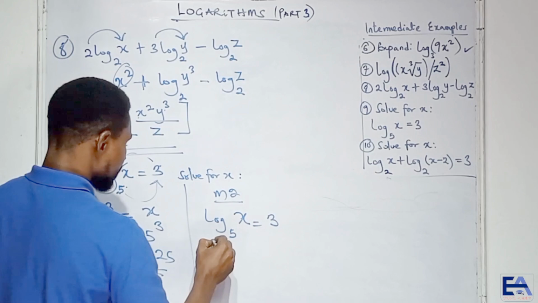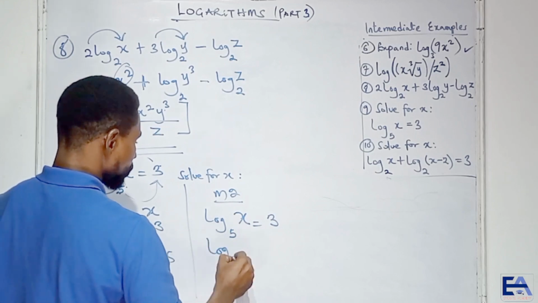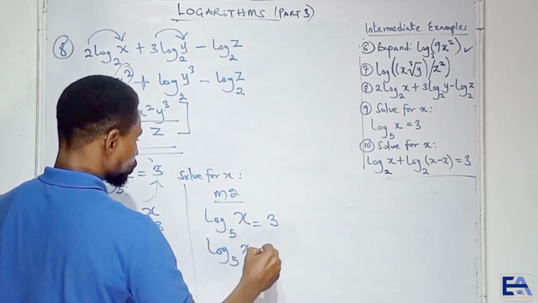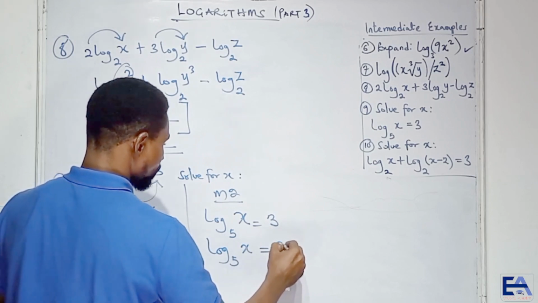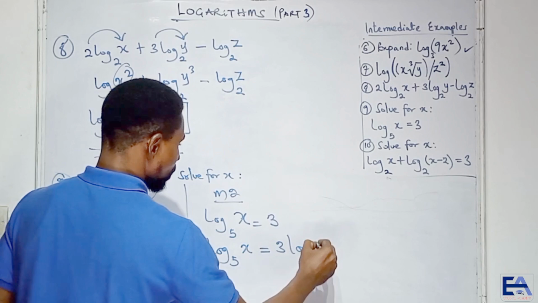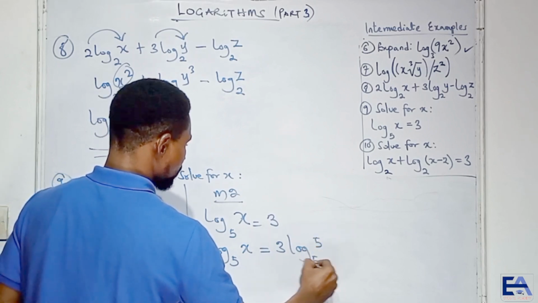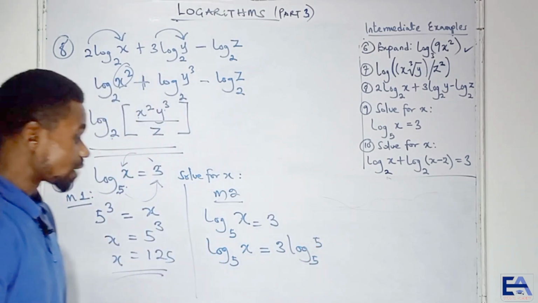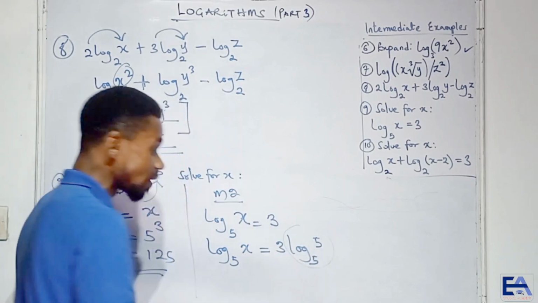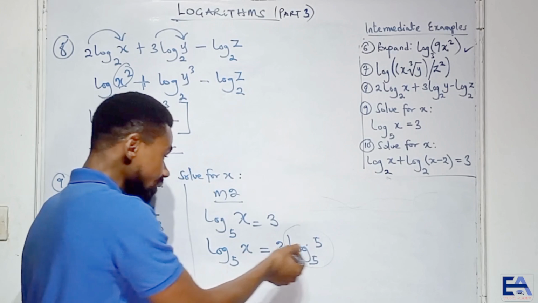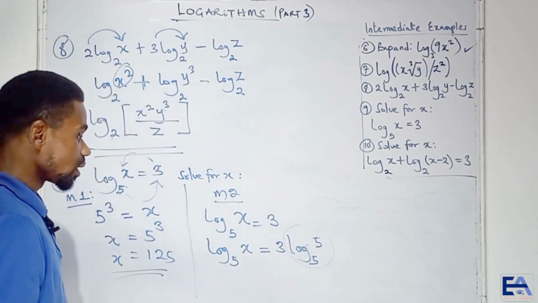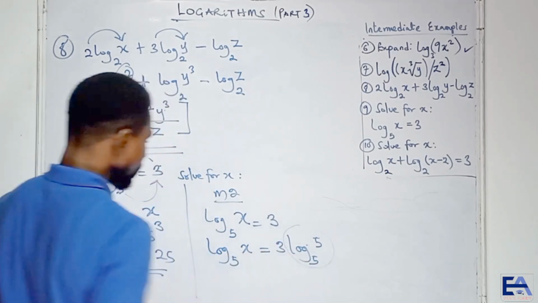So you can convert it to log x to base 5 is equal to 3 log 5 to base 5. Since you know that log 5 to base 5 is equal to 1, it looks like 3 times 1, which is 3.